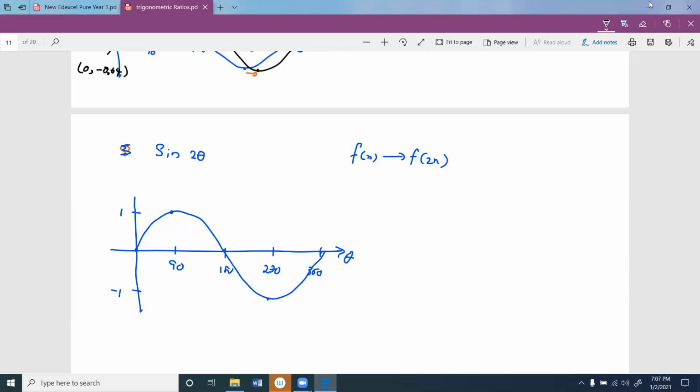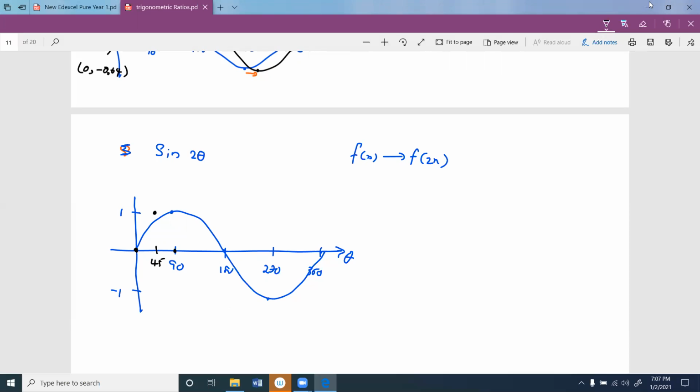Therefore, 0 divided by 2 turns up to 0. It doesn't make any difference. This 90 coordinate has to turn up to half of this, 45. So this point comes up to here. 180 divided by 2 turns up to 90. So this point comes over here.